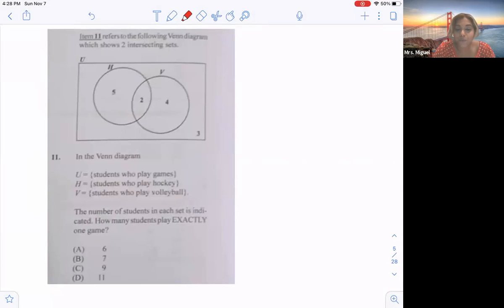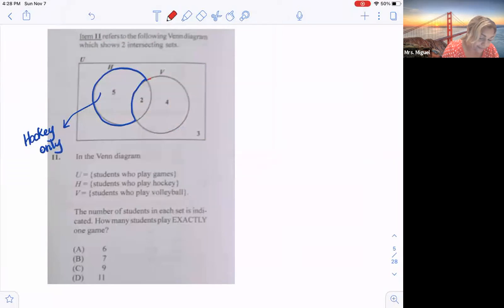The number of students in each set is indicated. How many students play exactly one game? So here what? You see this part of the circle here? This represents hockey only. You see this part of the circle here in red?